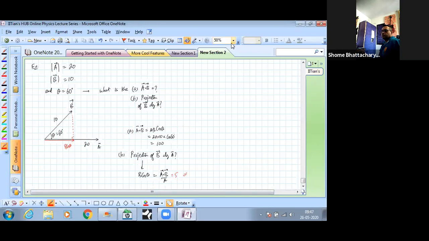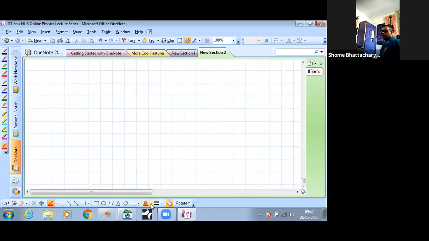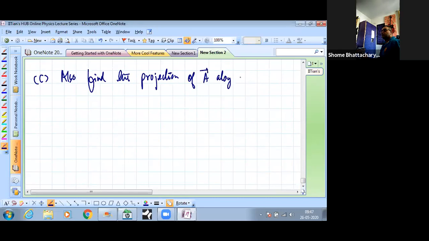Now, just for reference here, in the same question, if we were to calculate, for example, now also we want to calculate, also find the projection of the vector A along the vector B. So now that thing's interpretation becomes different.